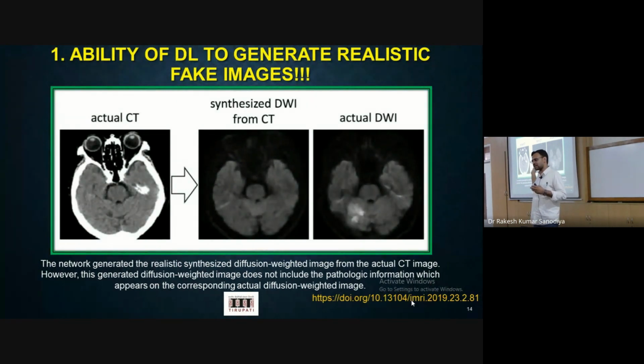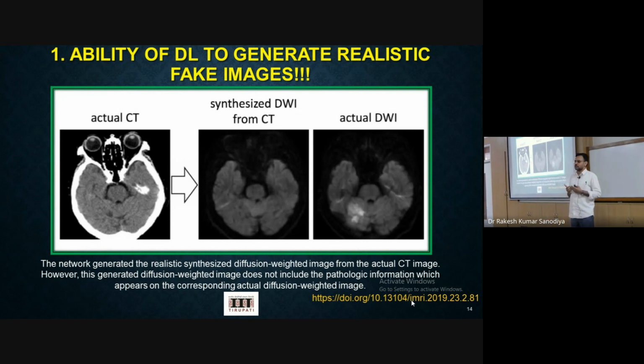You cannot take an MR scan, maybe because it is very expensive, the proper scanner might not be there in the vicinity, or it takes more time to acquire. Maybe for these reasons, if you want to do it, I also have a book which exclusively talks about image synthesis, where this has been done as one of the applications.